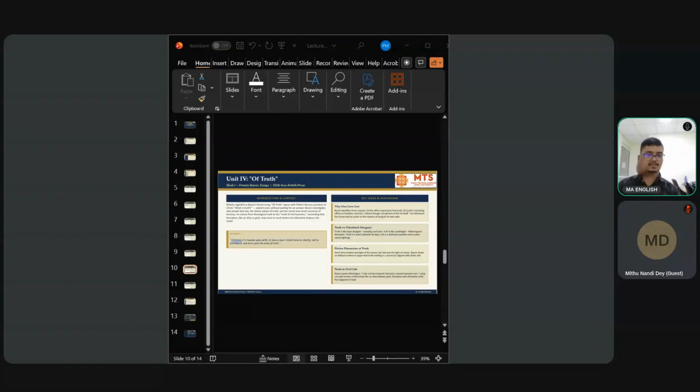Bacon then asks, why do human beings love falsehood so much? He identifies three main reasons. The first is that finding truth requires sustained effort, patience, and intellectual discipline, and most people prefer the easier path of assumption, habit, and comfortable belief.